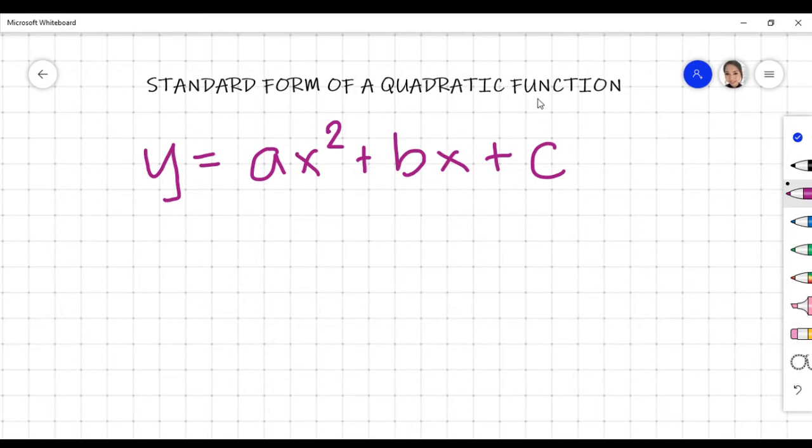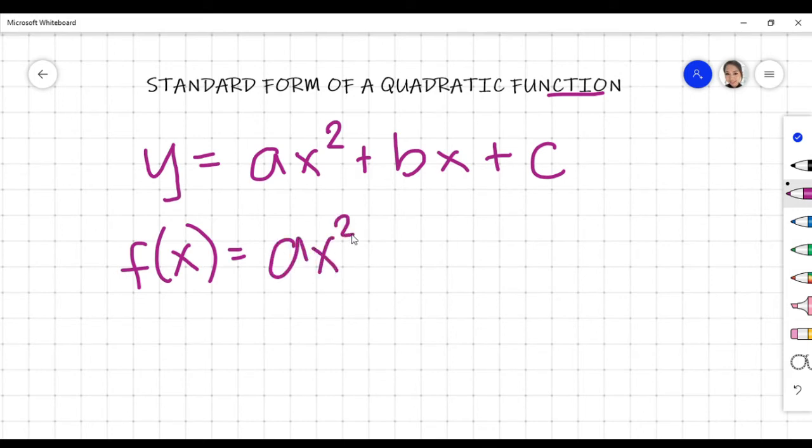Since this is a function, the y here can also be replaced as f of x, read as the function of x, which is equal to ax squared plus bx plus c. So basically, y and f of x are the same.